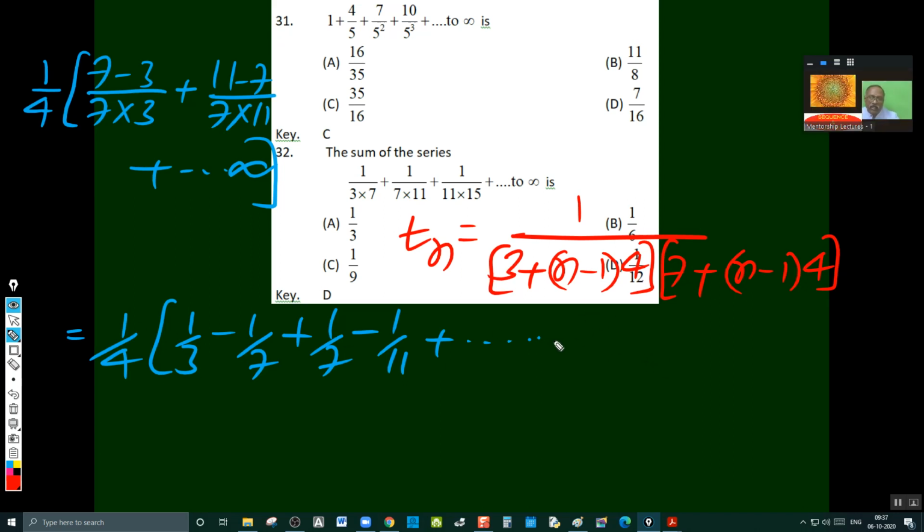So you will get the denominator like this. After splitting, you'll have to write it like this: 1 upon 4n minus 1 minus 1 upon 4n plus 3.